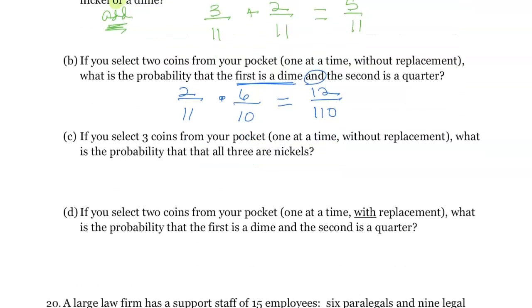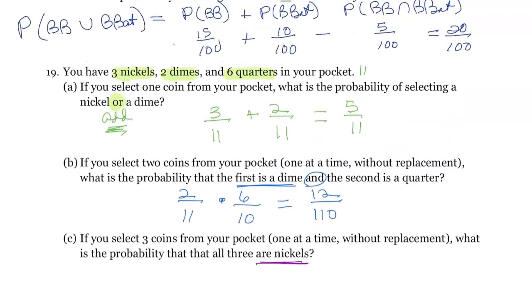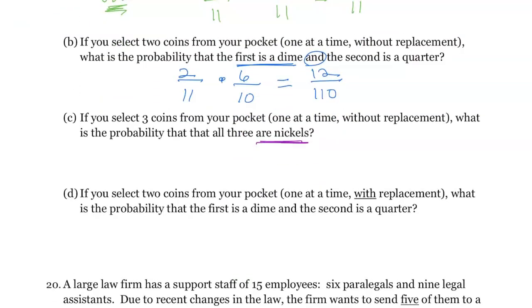Okay, continue with the coin example. If you select 3 coins from your pocket, one at a time, without replacement, what is the probability that all 3 are nickels? Okay, how many nickels do I have? I have 3. So the first time I pick, it's 3 out of 11. I keep that nickel out. I reach in again. Oh, I'm sorry. Am I doing this correct?